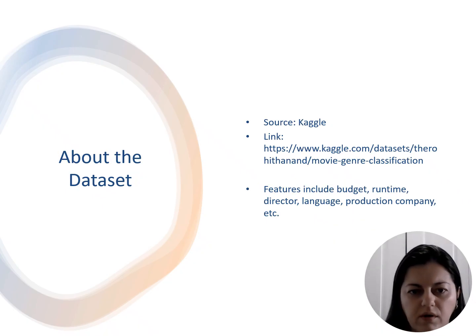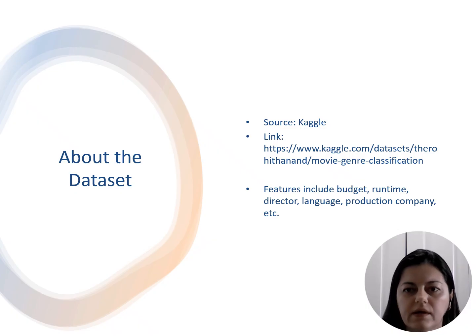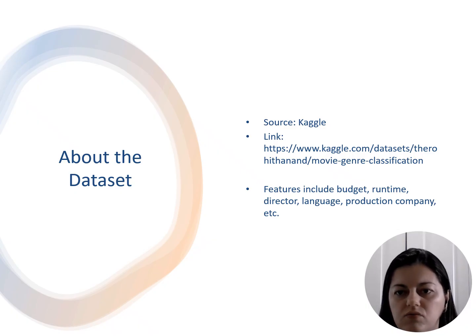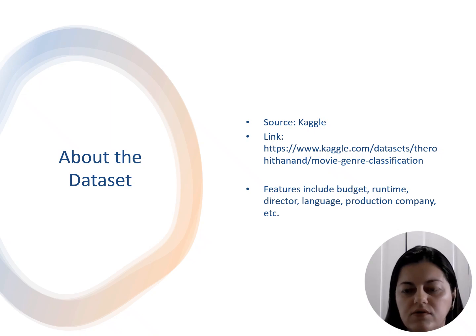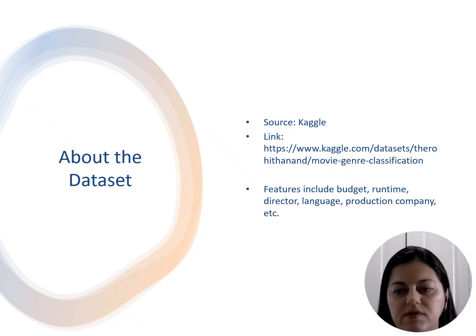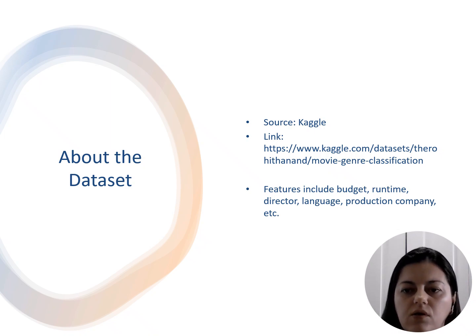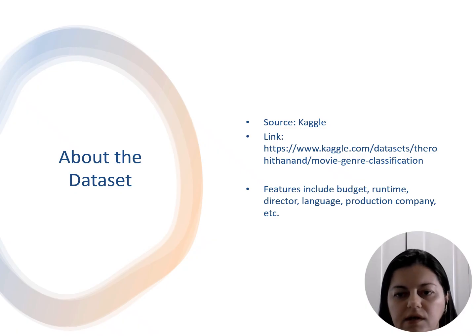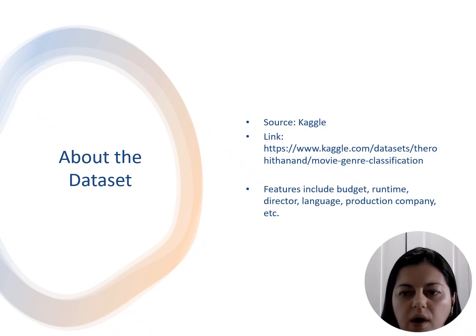So let's talk about the dataset. The dataset was sourced from Kaggle and contains information on thousands of movies. Key attributes include the movie title, director name, duration in minutes, the number of Facebook likes for actors and directors, as well as some metadata related to the cast.